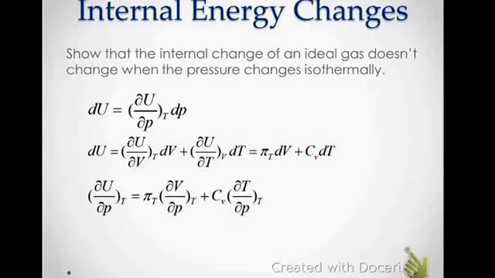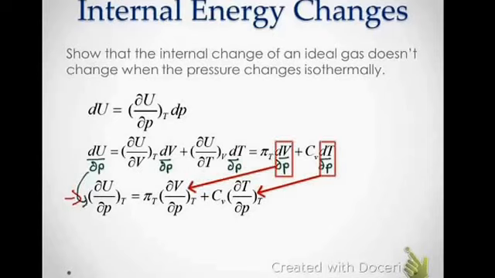That gives us this equation here, where we now have an expression. The other thing that's important to note is we also have to add the condition that this is isothermal, so the partial derivatives must reflect that the temperature is held constant, so that we have the subscript T associated with each of the partial derivatives.